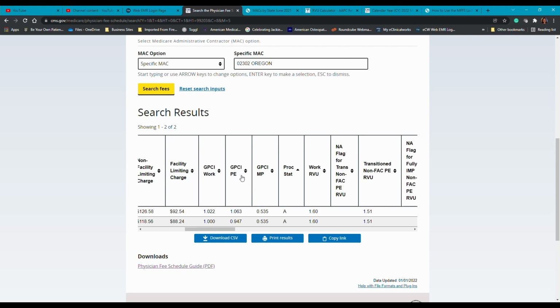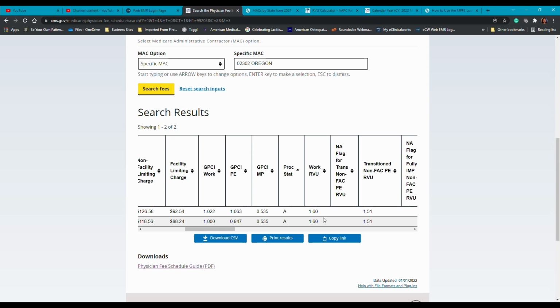The GPCI, this is your practice expenses, PE. So you can see that's quite a higher difference there because the cost of living in the Portland metro area is significantly more than the rest of Oregon. And then you have the malpractice, and it's the same because usually rates are pretty comparable no matter where in the state you're going to practice.